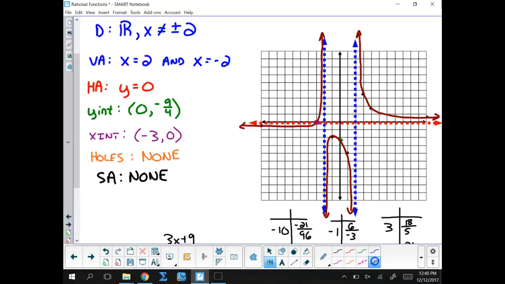So, end behavior over here would be negative infinity. I think it was f of x, 0 from below?